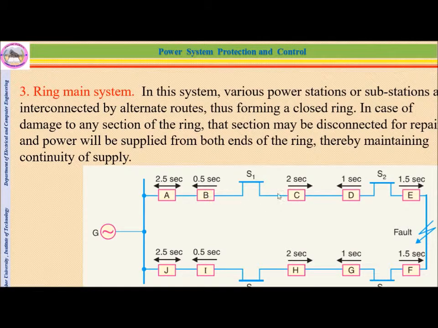For example, B and C, they are opposite; D and E, they are opposite on both sides, because the power may flow in this direction and the power may flow in this direction. For example, this direction: A, C, E, G, I, and such like.